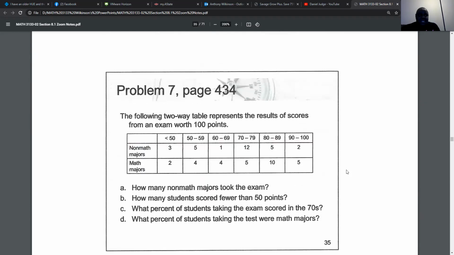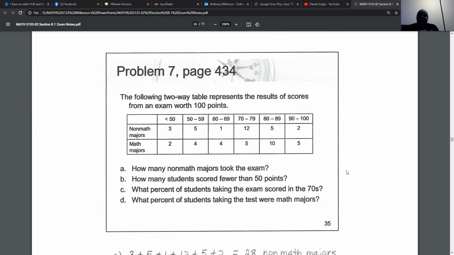Okay, next we'll look at problem number 7 on page 434. Here's a two-way table representing the results of scores from an exam worth 100 points for non-math majors and mathematics majors. And we want to use that table to answer the following questions. How many non-math majors took the exam?